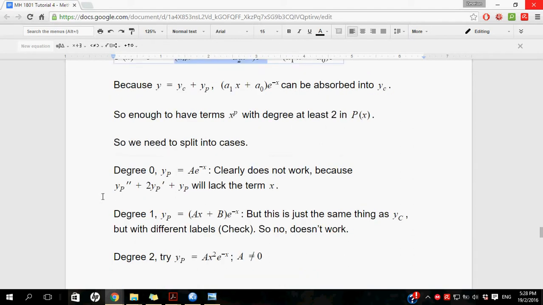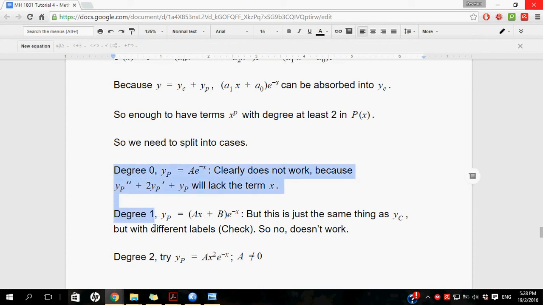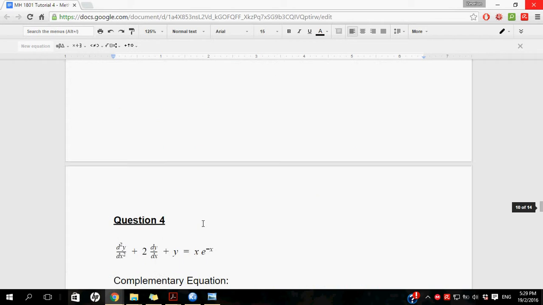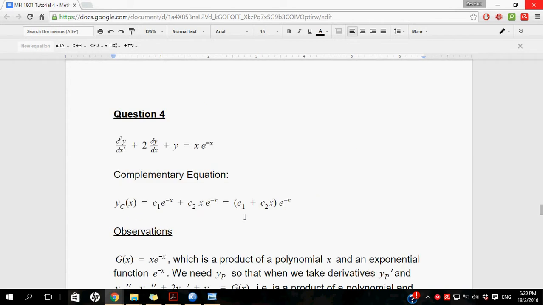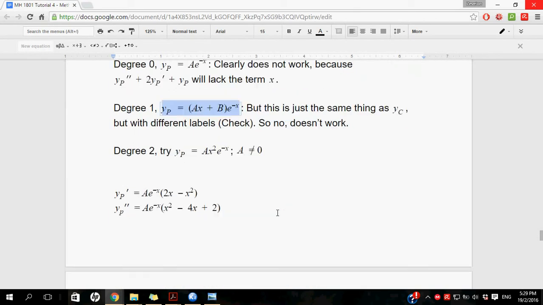So let us begin. Of course, in the cases of degree 0 and degree 1, we don't have to consider them because as you see here, yp would be a linear polynomial times this exponential function, and as we said, this expression can be absorbed into yc because it is precisely of the same form, a linear polynomial times the same exponential function.